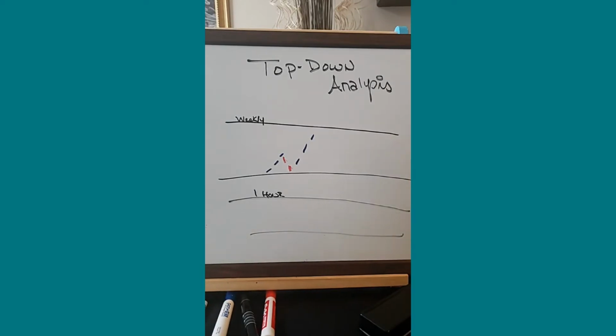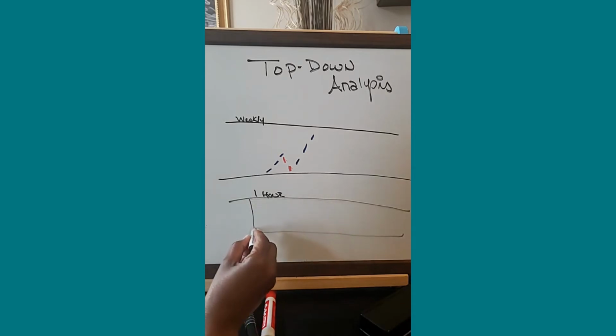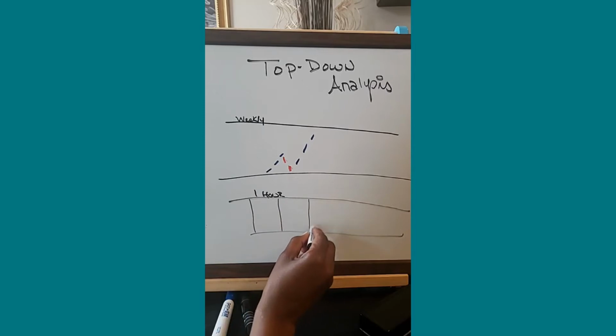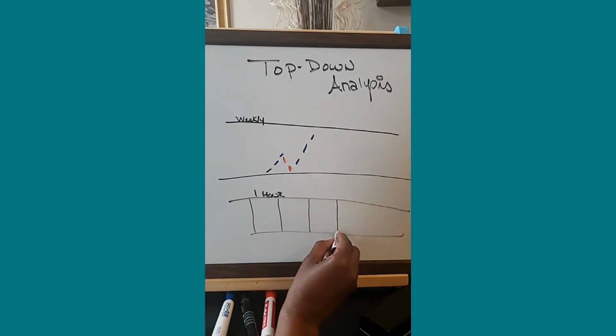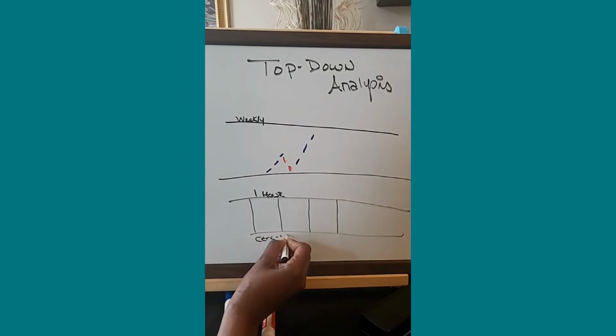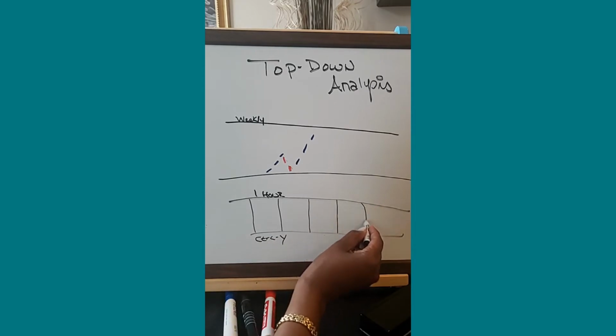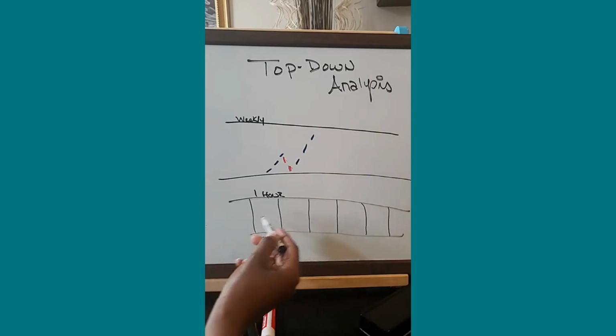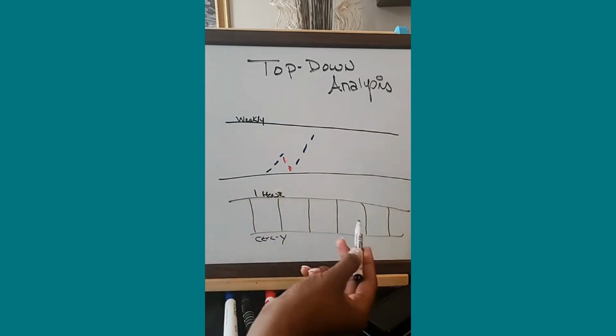I have period separators on my laptop, and what they do is give me lines that look like this. If you are working from your laptop, you can get these by pressing Control and Y. These will help you so much because they separate your days or your weeks.